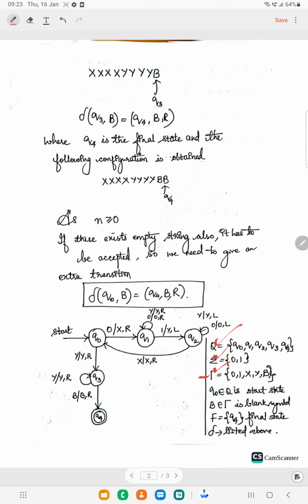Instead of stack in PDA, we'll be having tape symbol. Then the initial state, and the blank symbol. The initial tape will be infinite in both the ends and it will be having blank symbol, and F represents final states and the transition. These are the 7 components where we will define Turing machines.